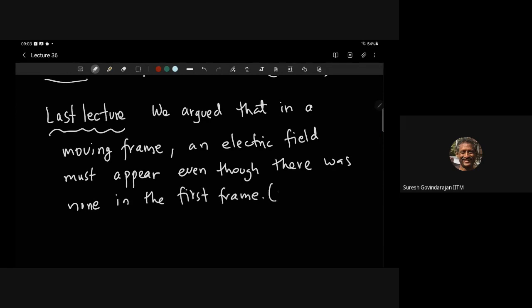We called this frame A, and I'm calling the other the moving frame.